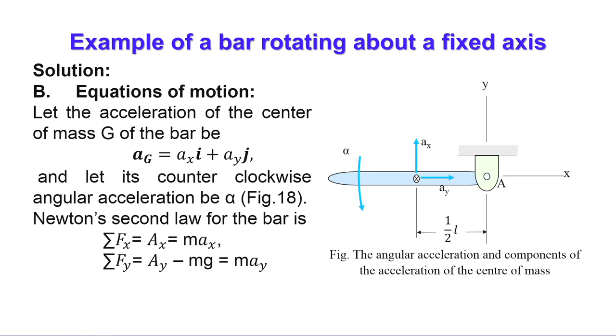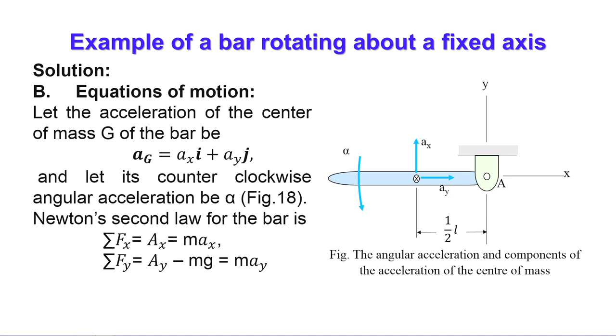The equation of motion: the acceleration of the center of gravity of the bar has only two components, so we can write a G as a x i plus a y j.